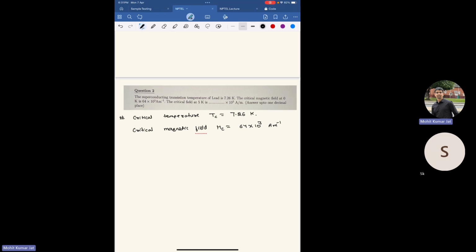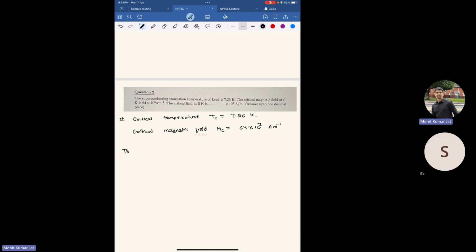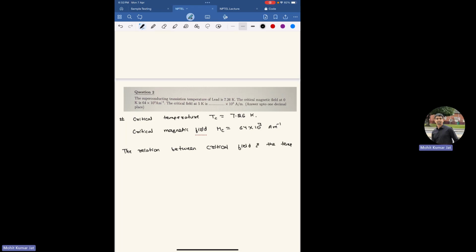Then we know the relation between the critical field and the temperature: Hc is equal to H0, that is your critical magnetic field at T equal to 0 Kelvin, times 1 minus (T over Tc) whole squared.